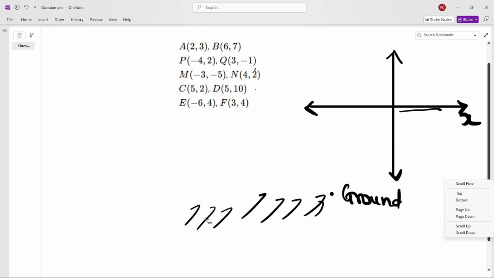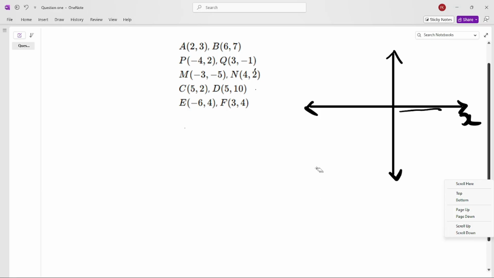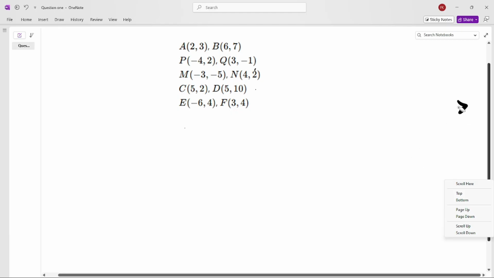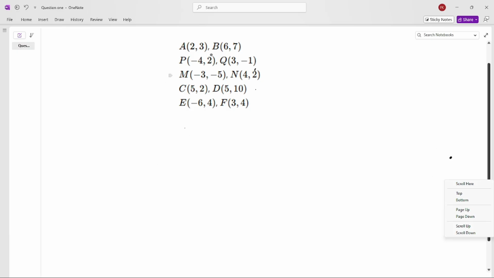Now, let's evaluate it for each point. Because we said for you to have a line with a specific direction, we need 2 points. If you want to find the gradient of a line, you need those 2 points to evaluate the gradient of that line. Okay, so let me start with the first one.